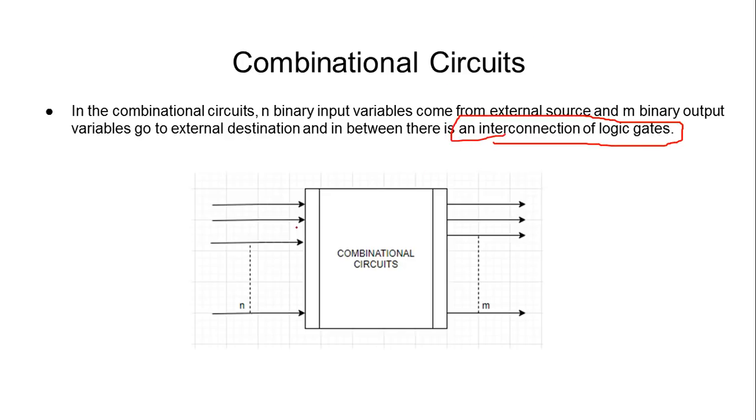The other thing is that the output of combinational circuits is purely dependent upon the input variables we are providing at the moment. So here is the block diagram which consists of n number of input variables which are responsible for yielding the result of m number of output variables.